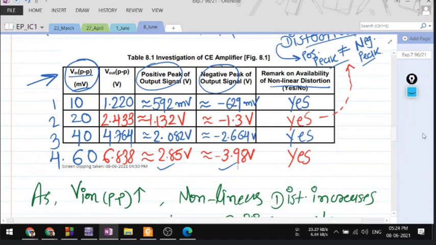Are you getting it? Why? Because all 1K is bypassed, right?